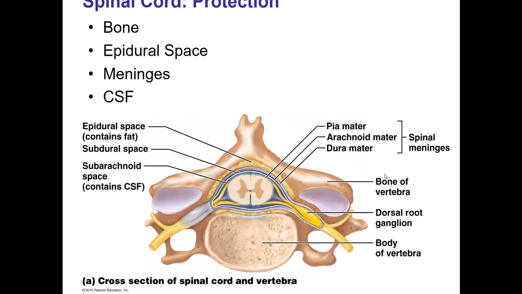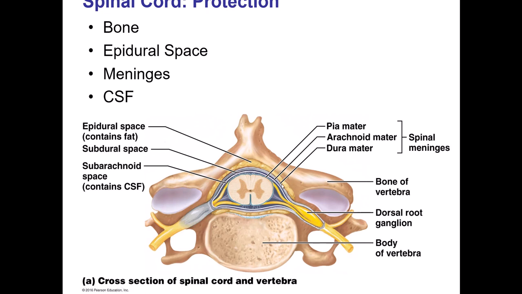The spinal cord has a similar set of protection to the brain, so it's surrounded by bone, right? In this case, the vertebral foramen and the vertebrae, unlike the brain, which has the skull. There's also an epidural space, which again is filled with some nice fatty tissue, makes a nice little cushion.